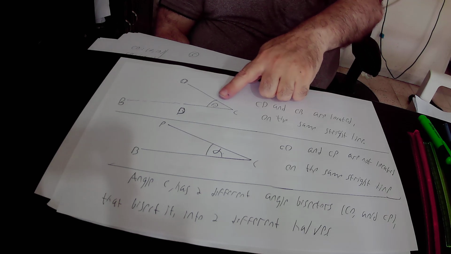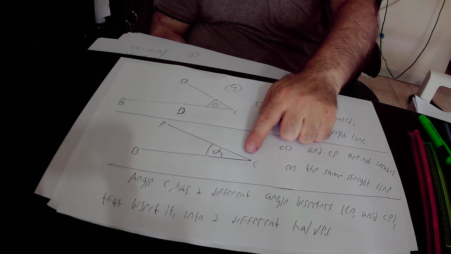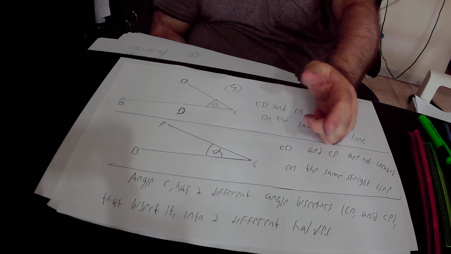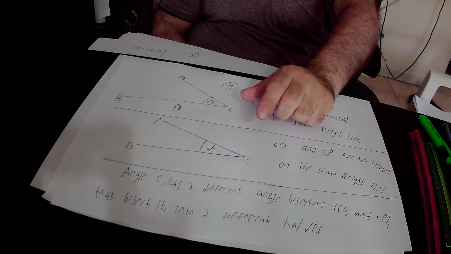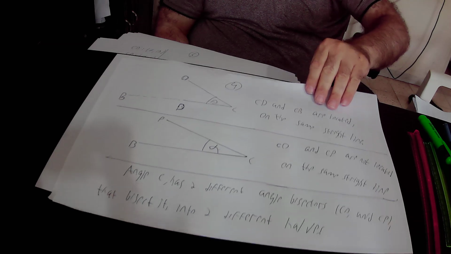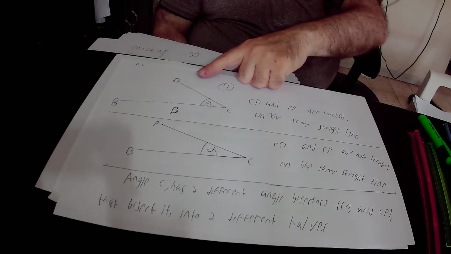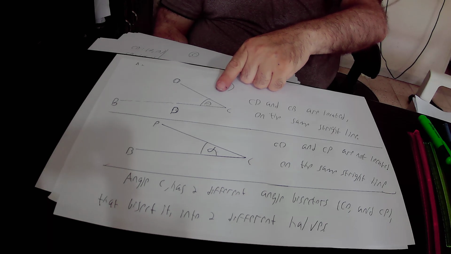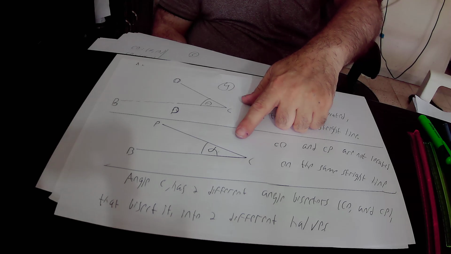Here, CD is located on the same straight line as CB. So we can see it as one leg of those two angles that is a common leg. And what about the second leg of those two angles? CO is the second leg of this angle, and PC is the second leg of this angle.